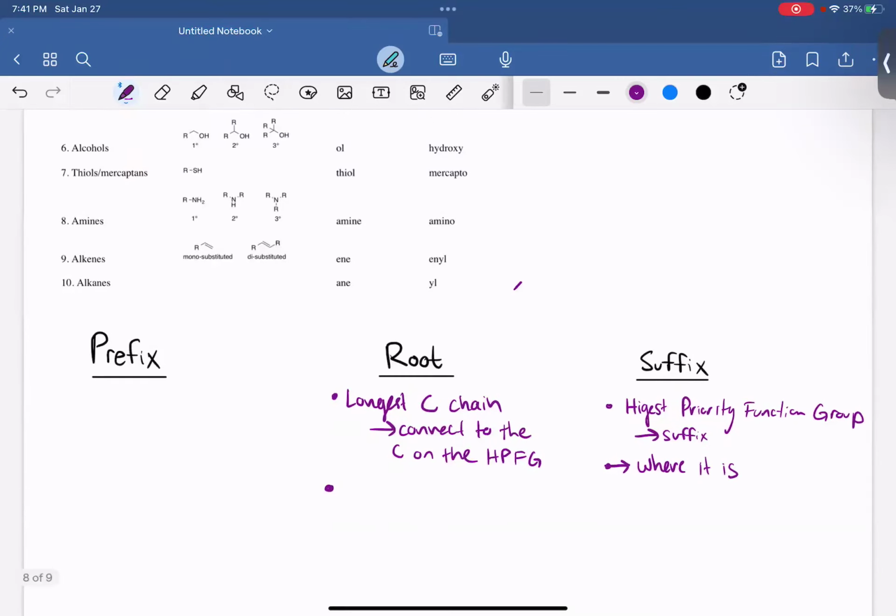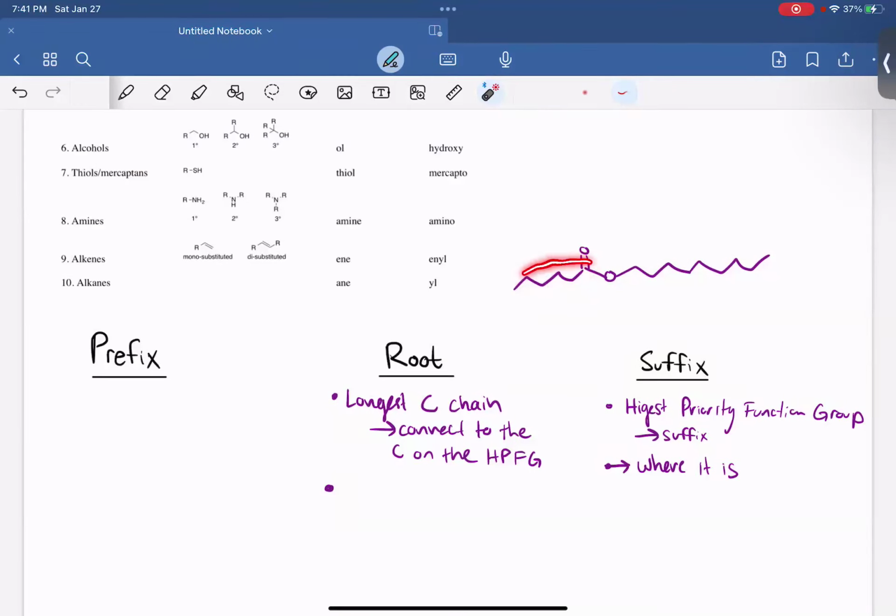An example of when the longest chain in the molecule wouldn't be the root is, for example, on an ester, you have 1, 2, 3, 4, 5, 6, 7, 8, 9. That's 9 carbons. And then 2, 3, 4, 5, 6, and the other side has 6 carbons.